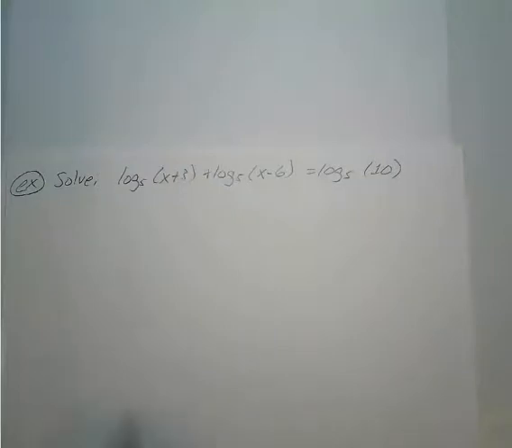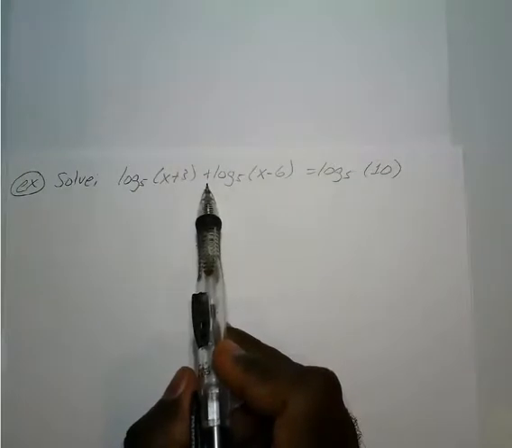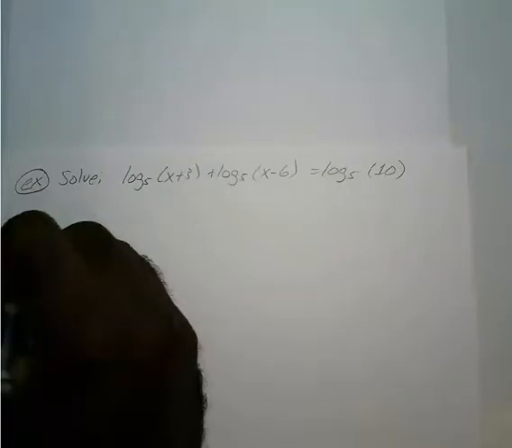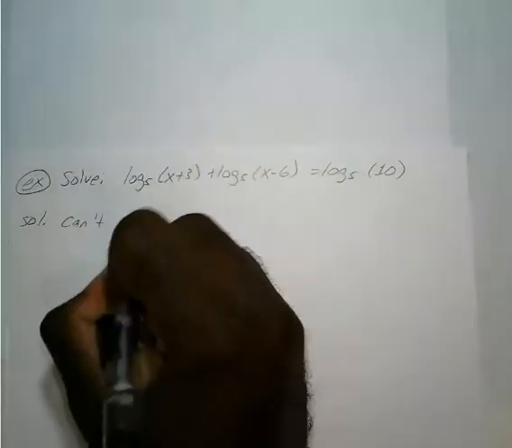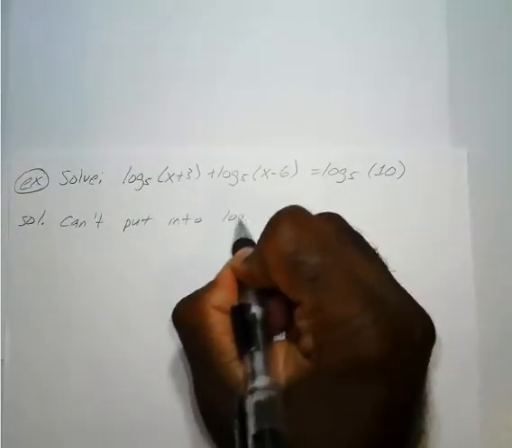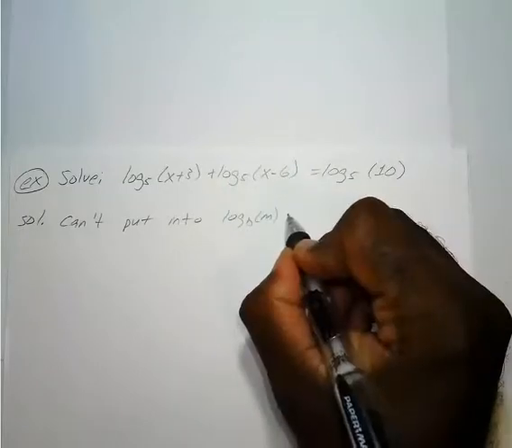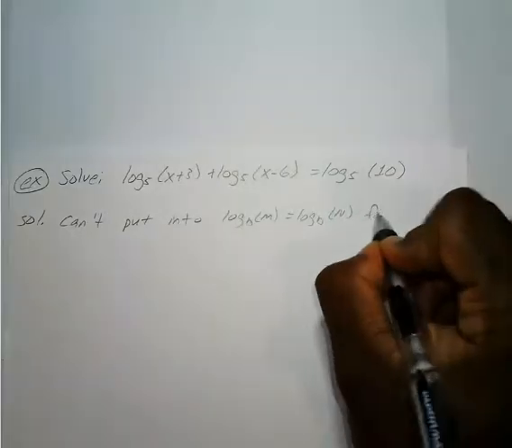Okay, so once again, that plus sign is kind of throwing us off a little bit. You can't put it into the form that we would like, log base b of m equals log base b of n form.